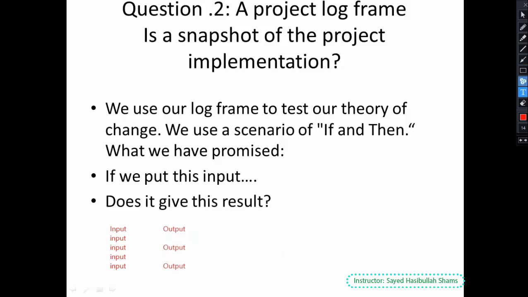It means that this input and this input produce this output, and this input and this input created this output, and this input produced this output.